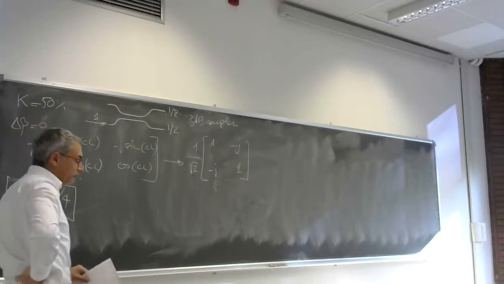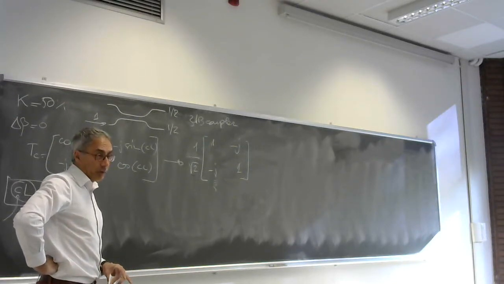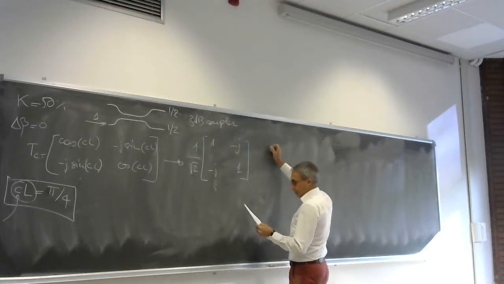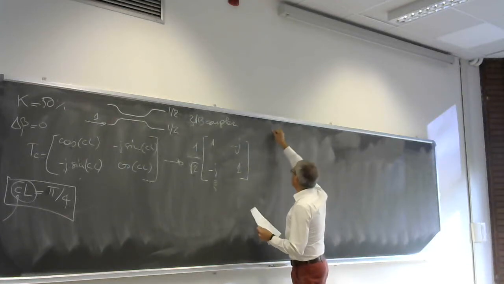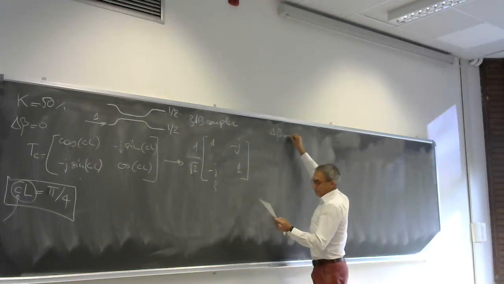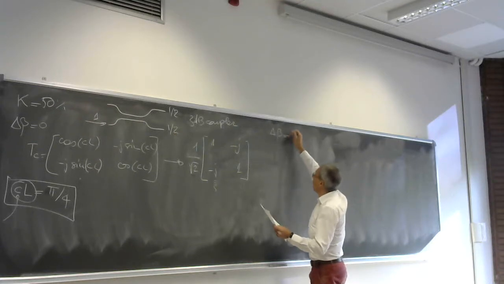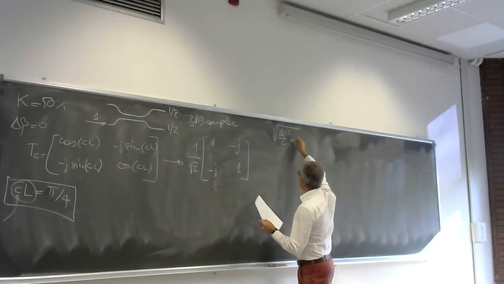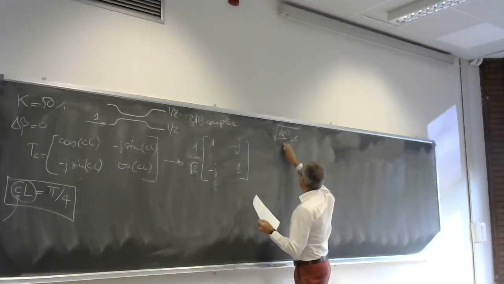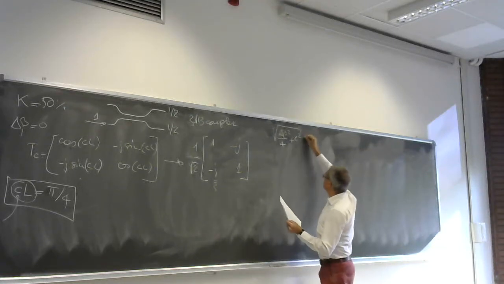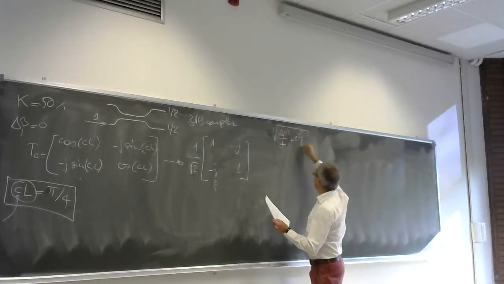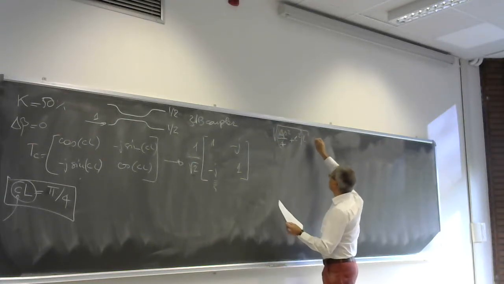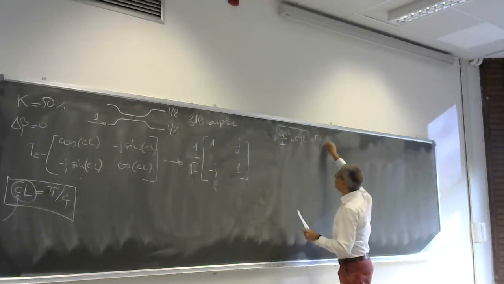There is another possibility to realize a 50-50 coupler or 3 dB coupler, and it's this one. If we assume that square root of delta beta squared divided by 4 plus C squared, multiplied by L, is equal to 1/2 pi.